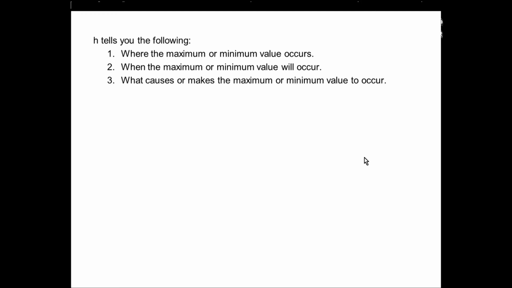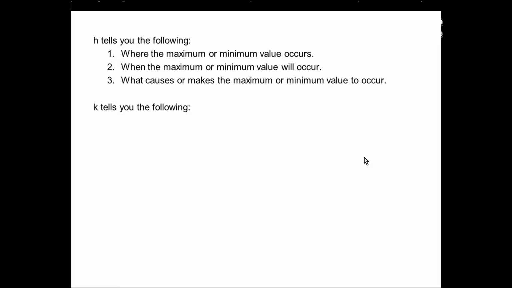Another way of looking at where or when is what causes or makes the maximum or minimum value to occur. Like, what rent should you charge per month in order to maximize your income? So what causes it to happen? So h tells you where it occurs, when it occurs, or what makes it happen.